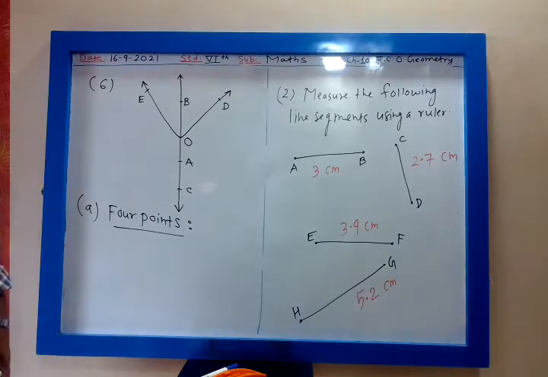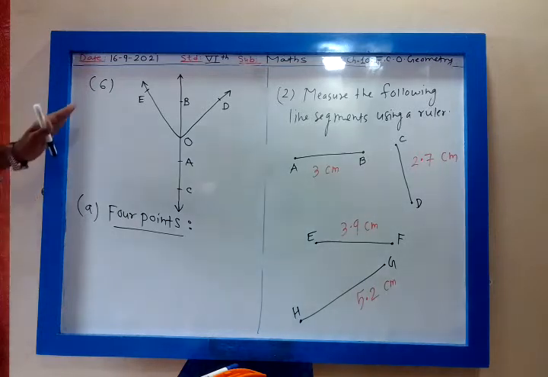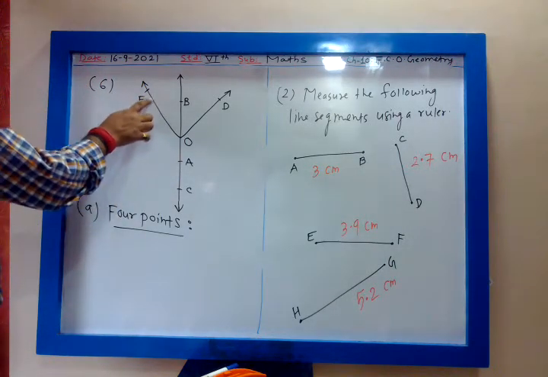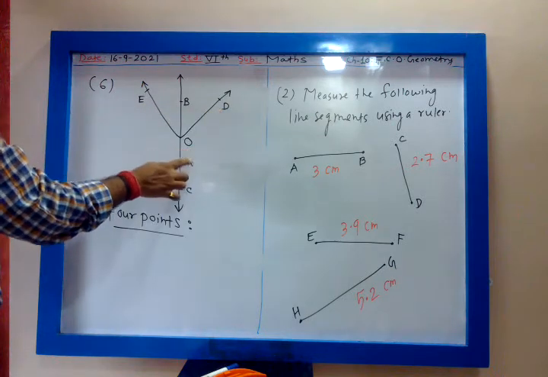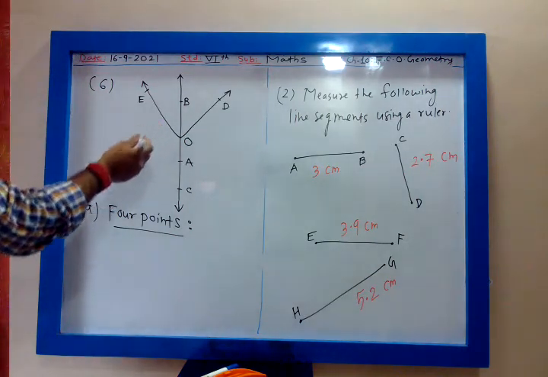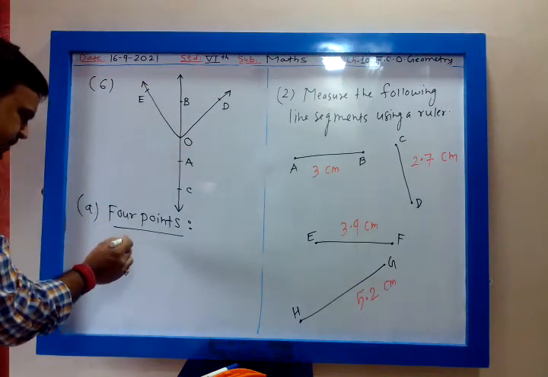See my dear, see here. There are total how many points? 1, 2, 3, 4, 5, 6. Out of 6 points, you can take any 4 points. So E, you can take A, B, C, D, no problem.